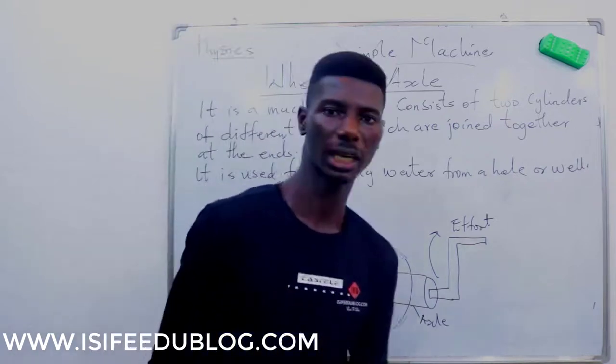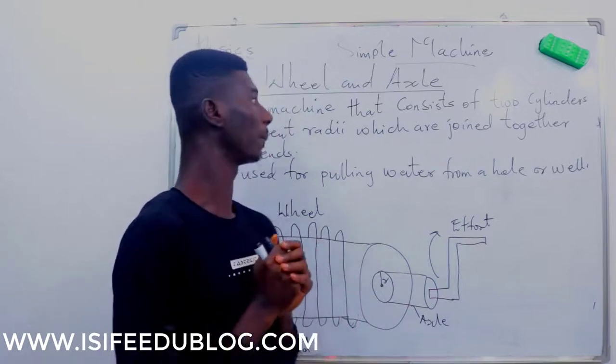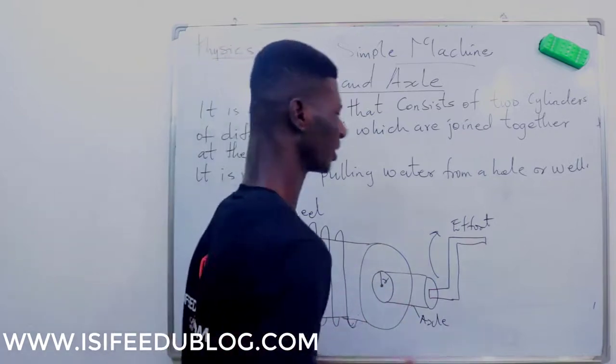Now the next thing we need to do is find the velocity ratio of this particular machine. It's very easy.